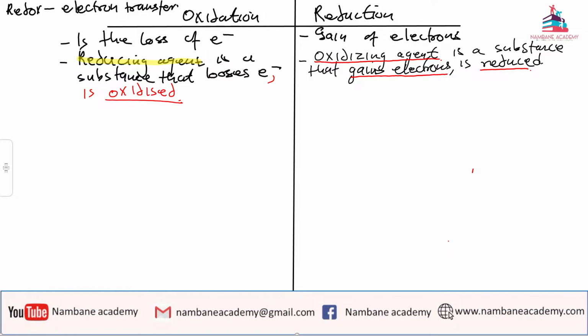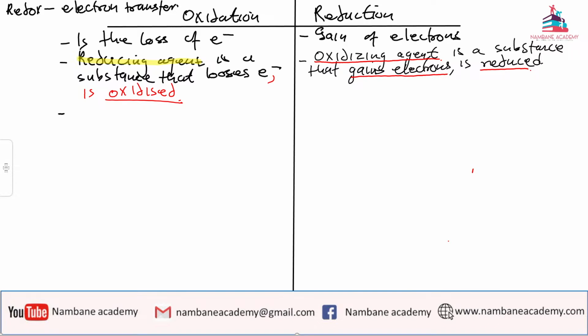Furthermore, we say fine, if we have this substance, what else can one use in order to identify oxidation and reduction? Why? Because everything will now be based on oxidation and reduction reactions.